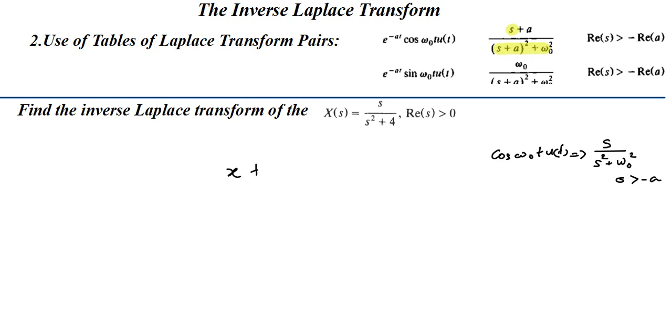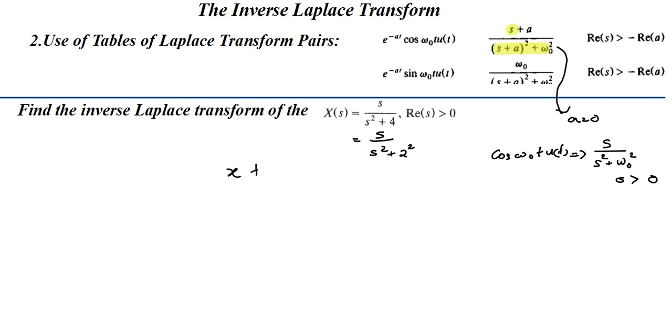Or if you rearrange this, it becomes s by s square plus 2 square. Sorry, a is 0 here, so we can put 0. In this equation, if you put a equal to 0, you will get cos omega 0 t into u of t, which is simply s by s square plus omega 0 square and sigma greater than 0.